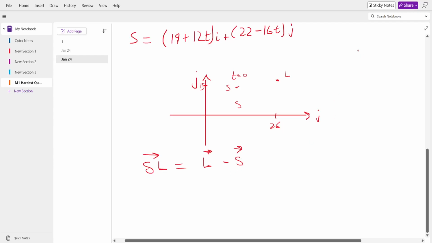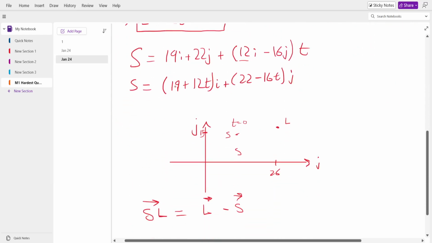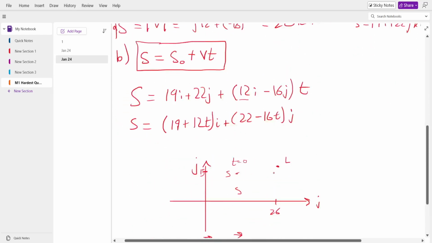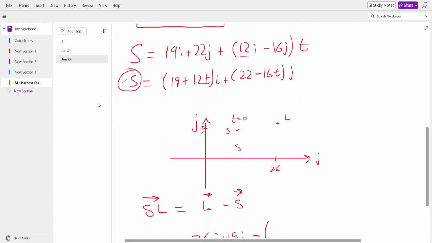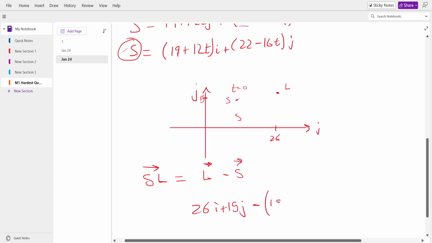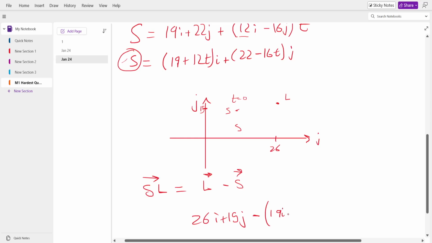So let's see how we can derive that. The L vector is 26i plus 15j. We have 26i plus 15j minus the S vector, which is the vector I just got from the previous part. So it's minus 19i plus 12t i as well.